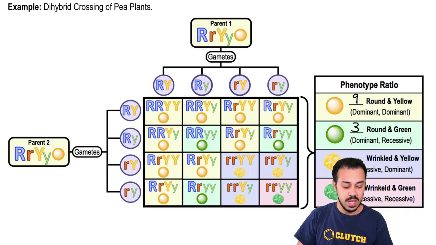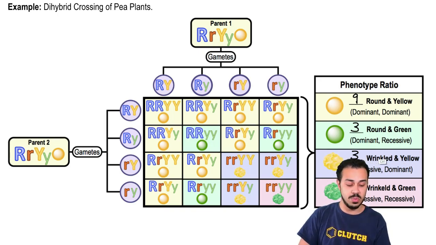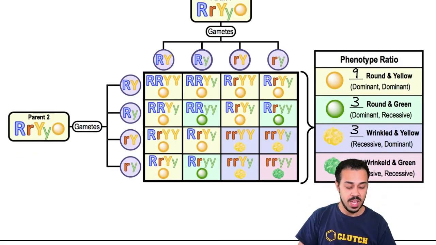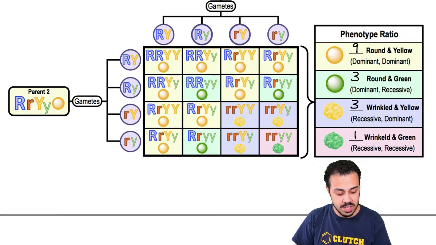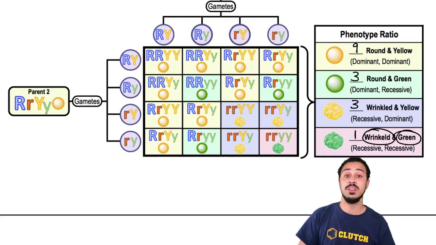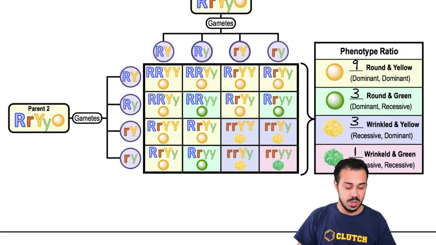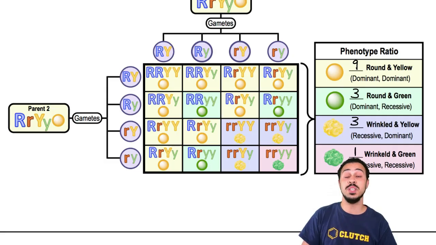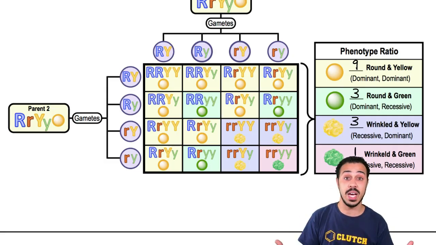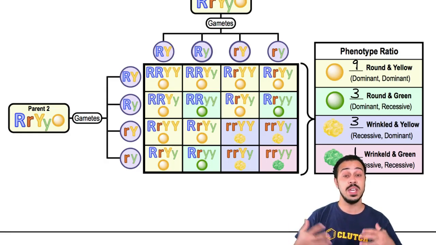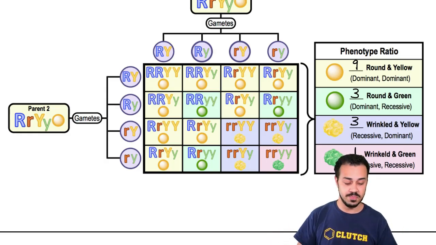Then we have another 3 that are recessive dominant, so 3 wrinkled yellow phenotypes. And then we have 1 that is recessive, recessive, 1 wrinkled green phenotype. This 9 to 3 to 3 to 1 phenotypic ratio is very characteristic of a dihybrid cross, and it's evidence to show that independent assortment occurs.